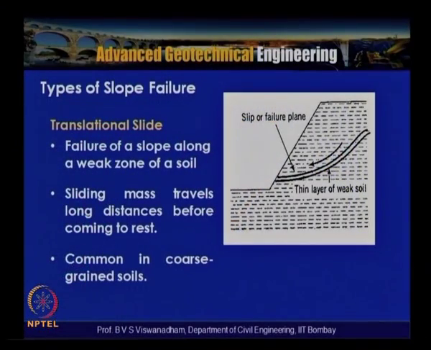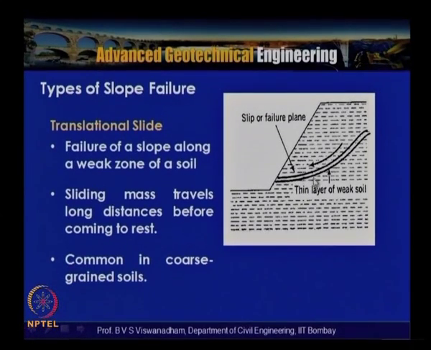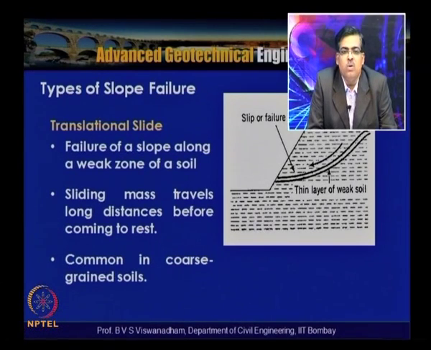One of the types of slope failure is this: if we have a thin layer of weak soil and a soil overburden above that, then this block is going to undergo a translational slide, wherein the thin layer of weak soil, which does not have adequate shear strength, can undergo the translational slide failure.